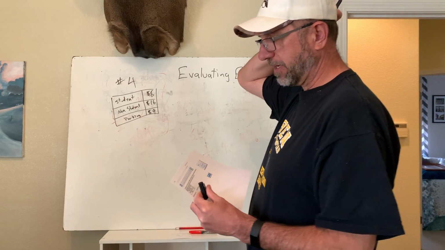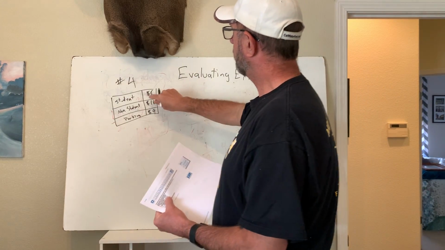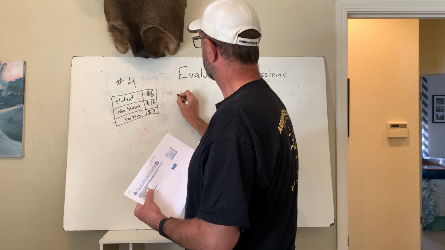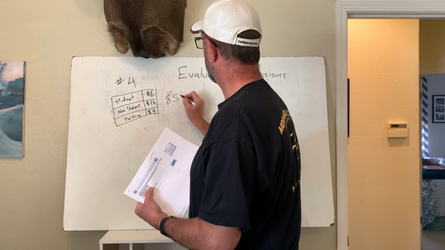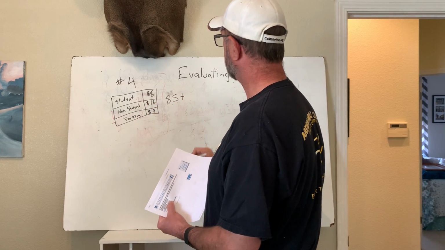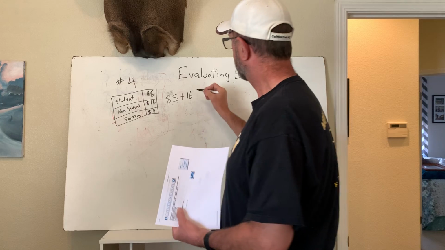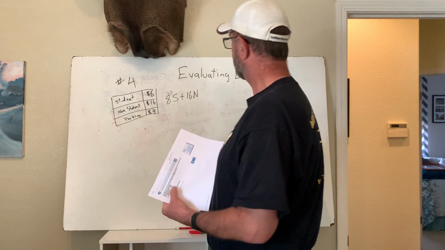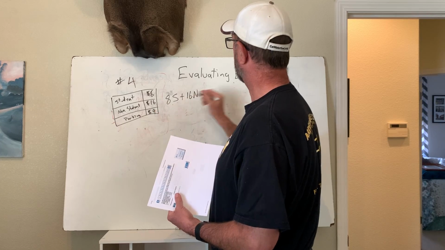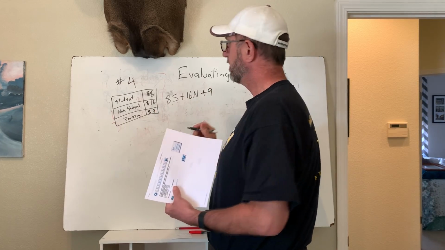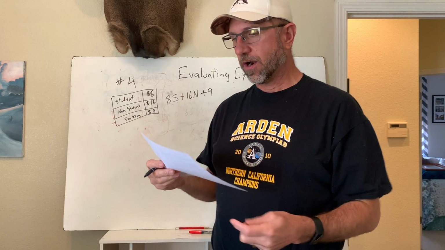You're going to have to make up an expression. However many students, times $8, so it's going to be 8s plus however many non-students, 16 times non-students. I'll call that n, plus whatever the parking is, which is $9, so plus $9. Because parking is assuming you're only going to pay for one car.